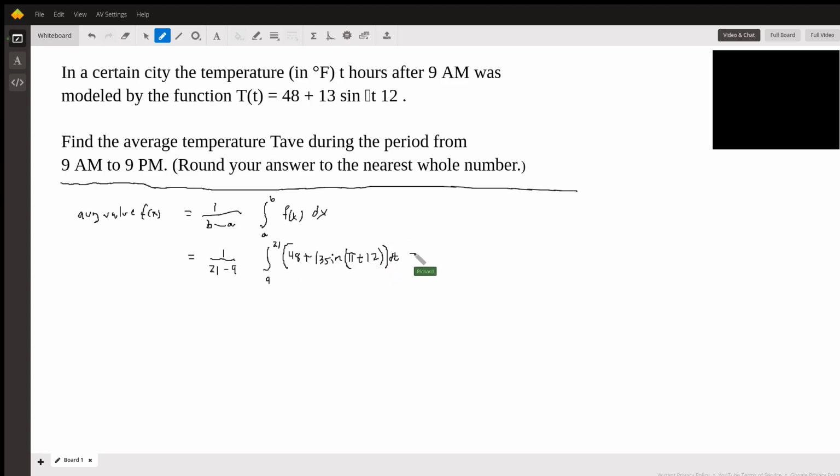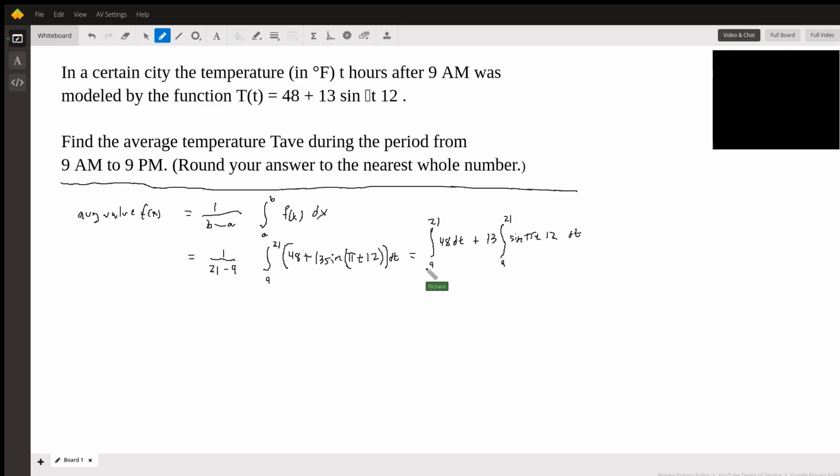Okay, so let's start working on this integral. I'm going to start by splitting it up into two parts. Okay, so that's the easy part.